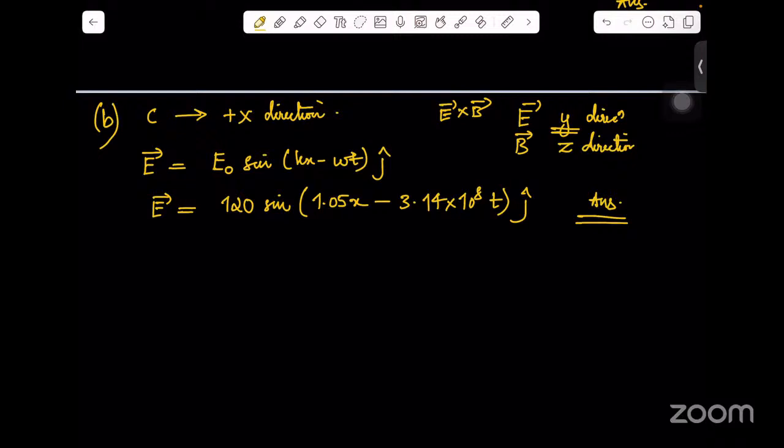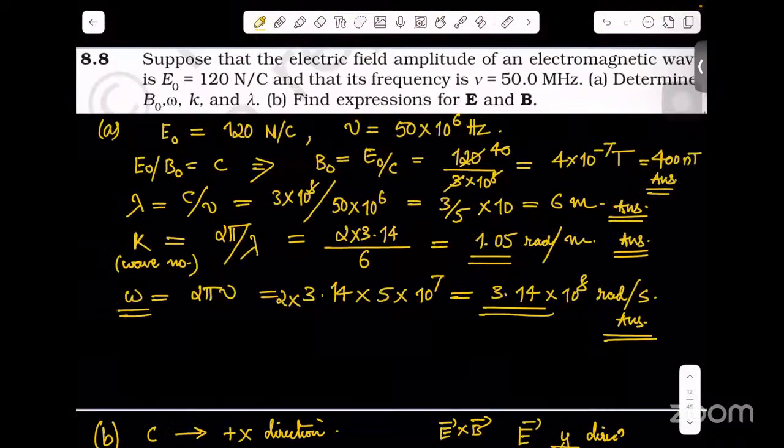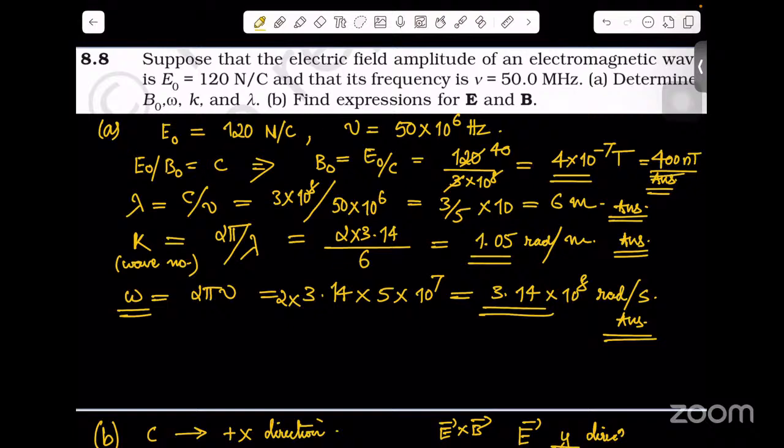This is one possibility, and the magnetic field vector is given as B naught sine kx minus omega t in the plus z direction, so k cap. B naught, the amplitude of the magnetic field, is 4 into 10 raised power minus 7 or 400 nanoteslas.